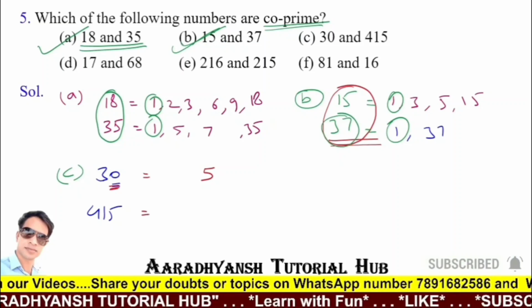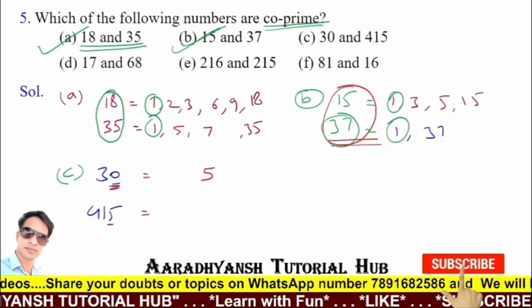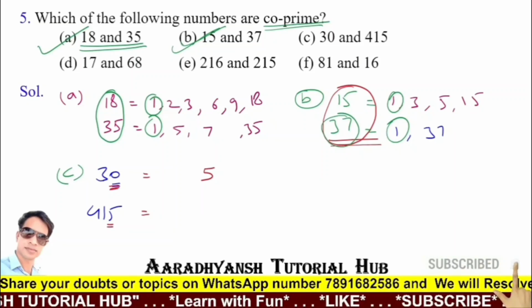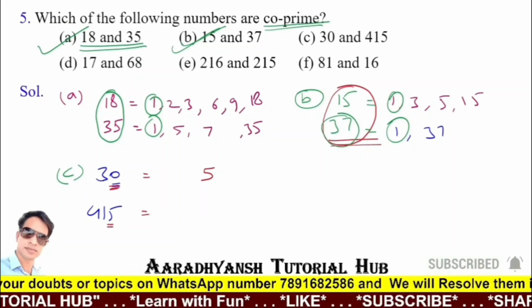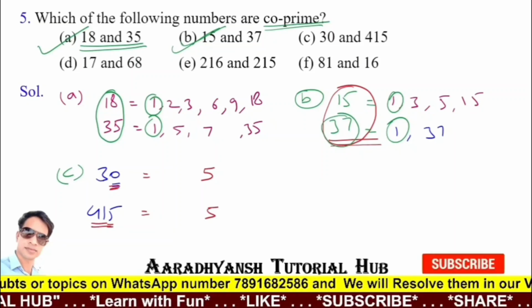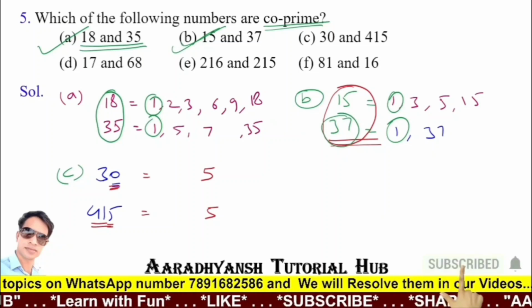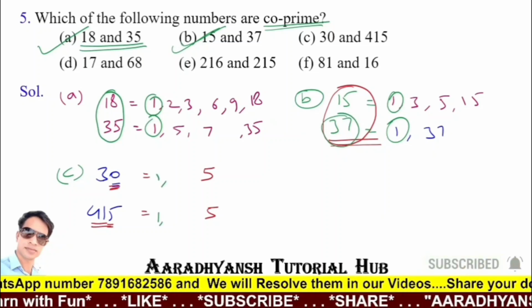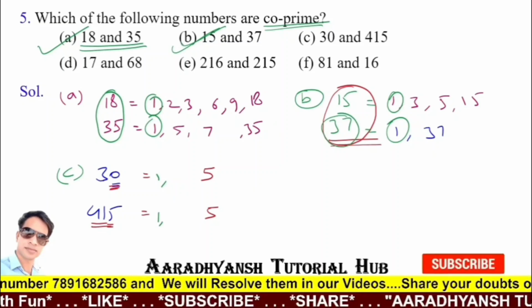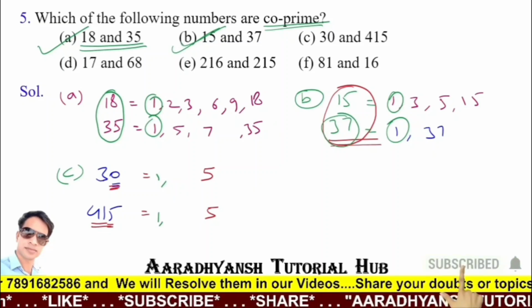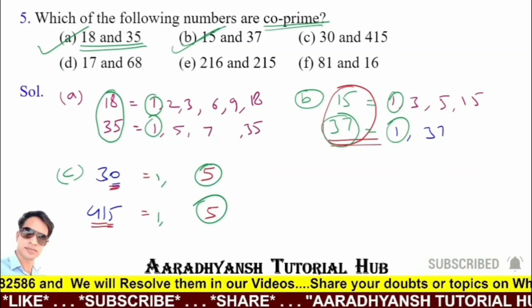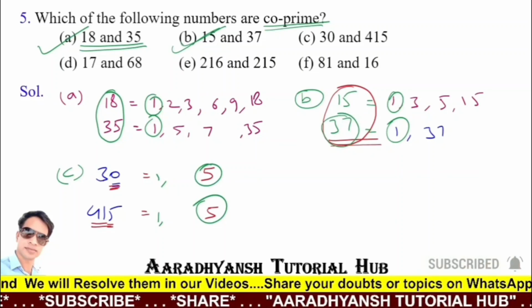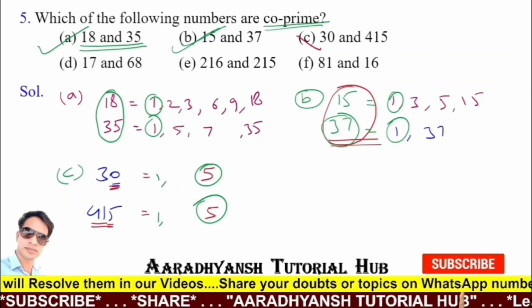And in 415 the ones place also has 5, so this number is also divisible by 5. So at least one common factor will be 5 besides 1. 1 is already a common factor, but there is another number we can find, that is 5. So that's why we can say this pair is not co-prime.